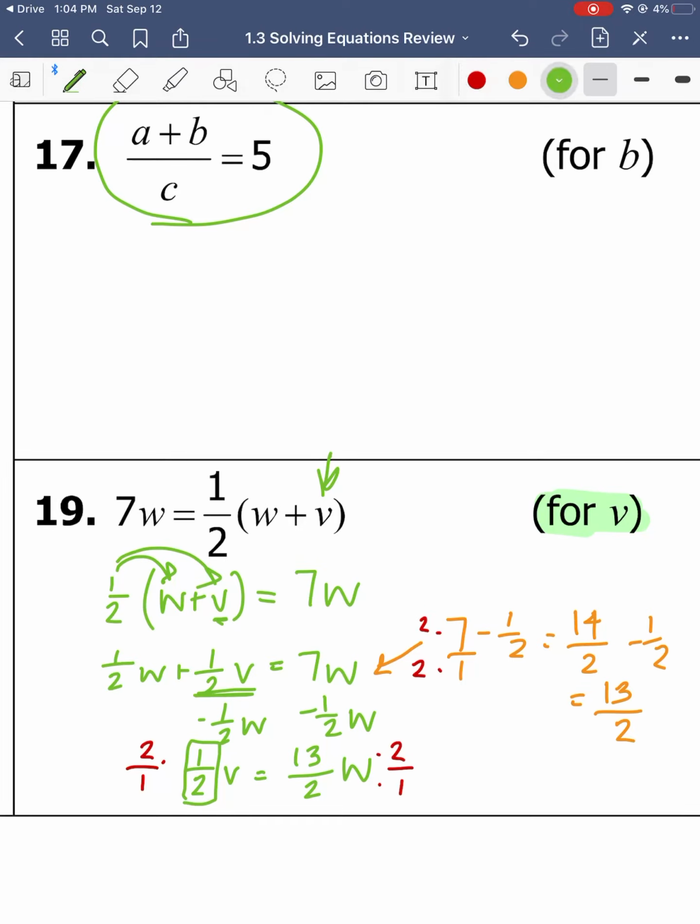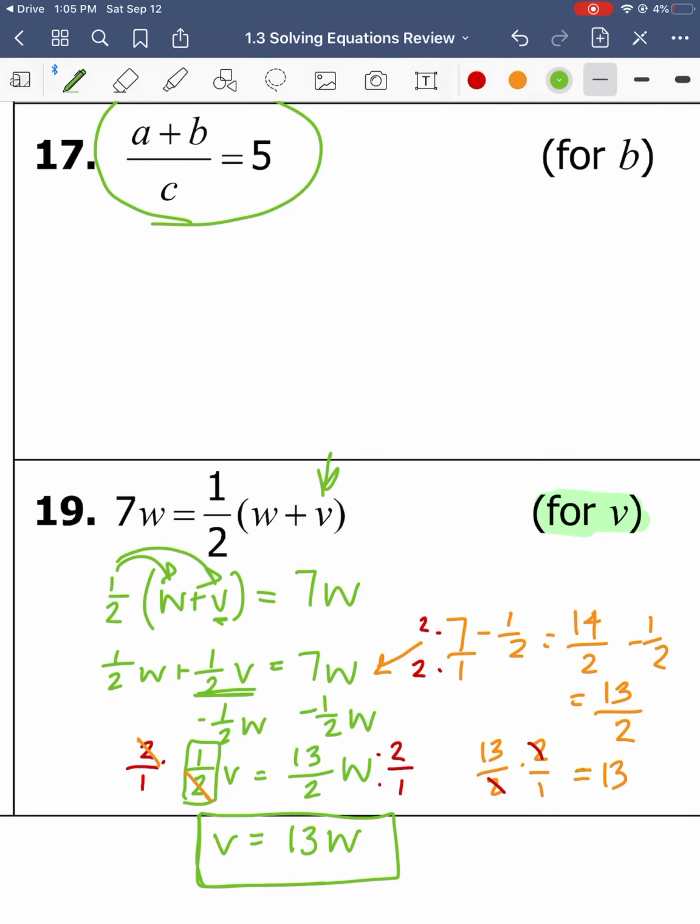Okay, so you can see that these 2's cancel out, which leaves us with just v. V is equal to this 13 halves times 2 over 1. The 2 cancels out, so we're left with 13 over 1, or just 13. Just 13. Okay, so v is equal to 13w.